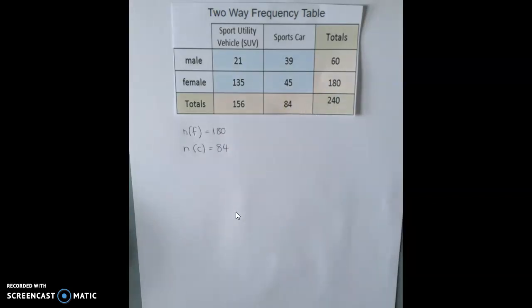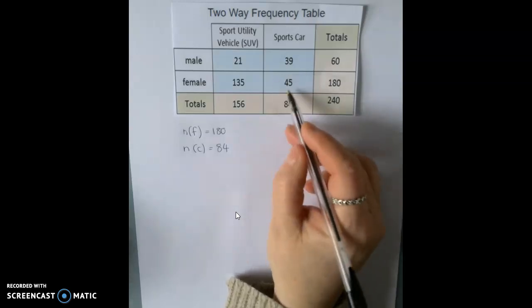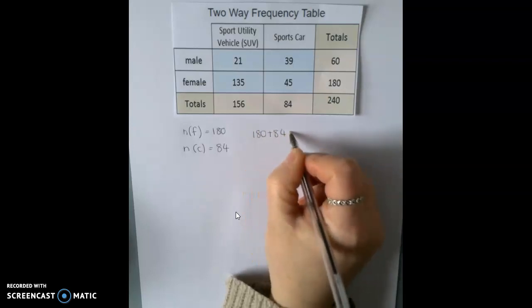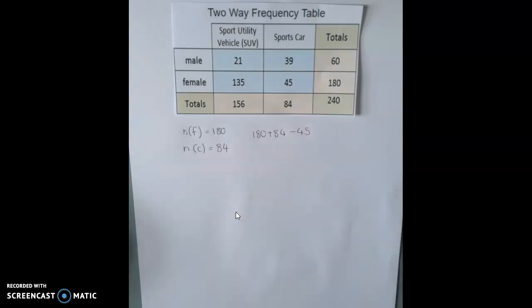But then we do something that seems maybe a little bit strange, and we take away the 45. So it would be 180, add 84, take away 45. You think, well, why are we doing that? Why are we taking away the 45? Why are we not just adding it?